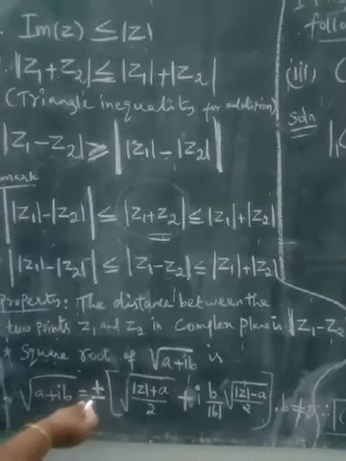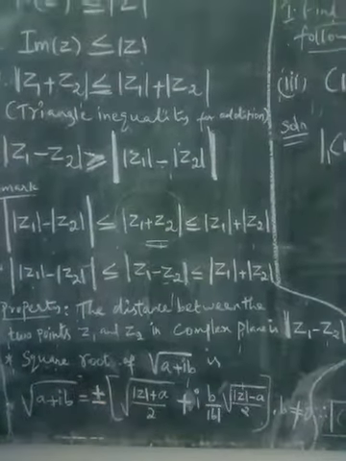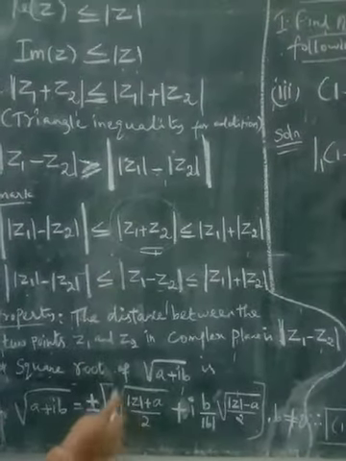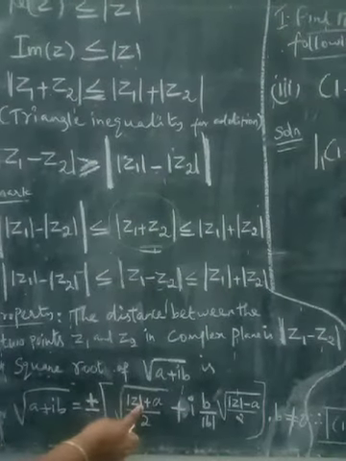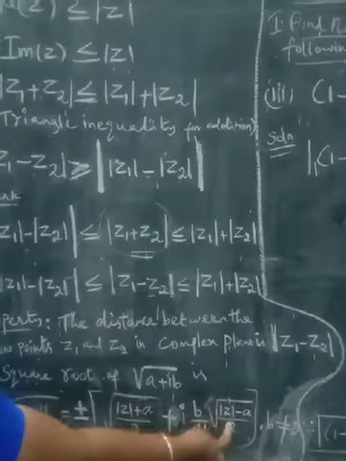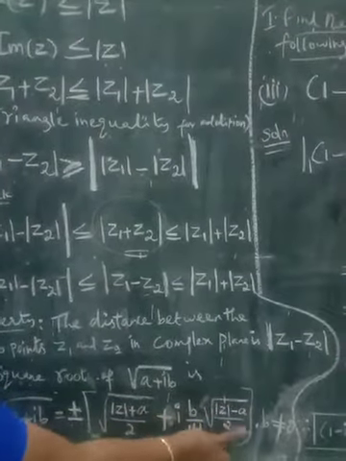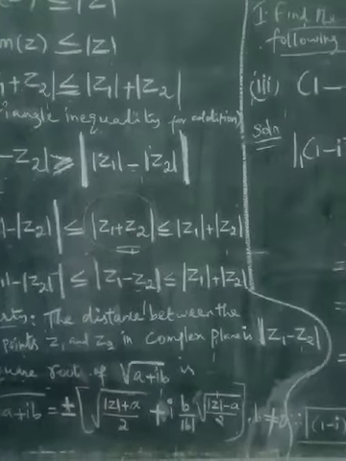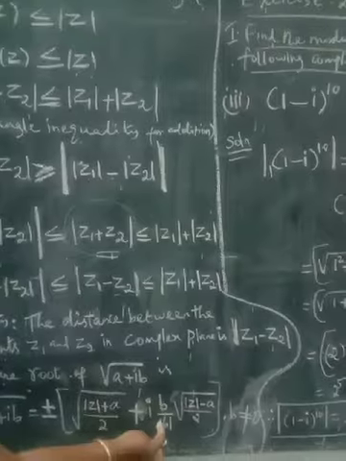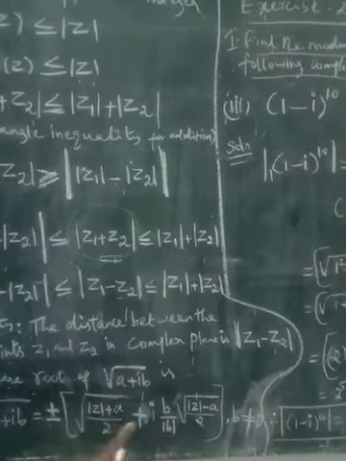So plus or minus square root of (mod z plus a) by 2. This is the real part, the first positive part. The same way, just change the sign to minus. Here, imaginary part: (mod z minus a) by 2. Then in front of the imaginary part, just write b by mod b. This is the formula.